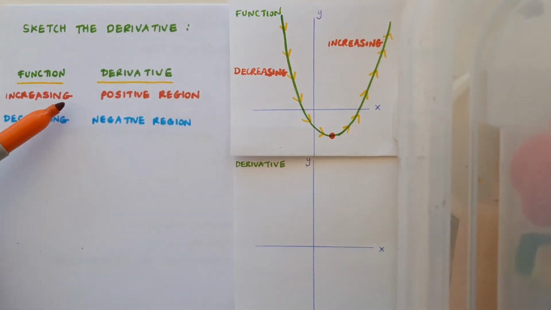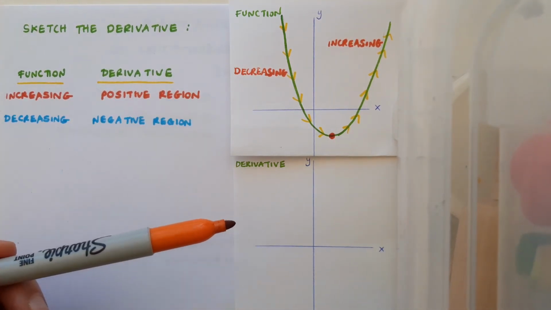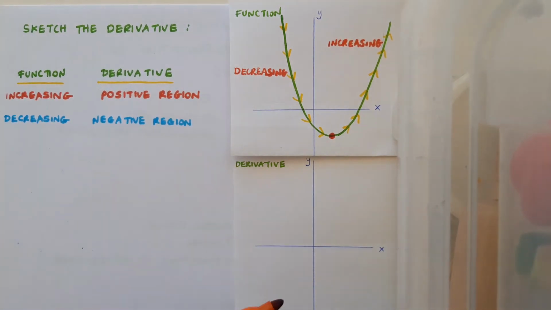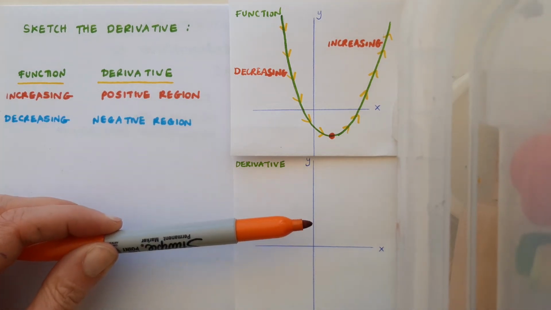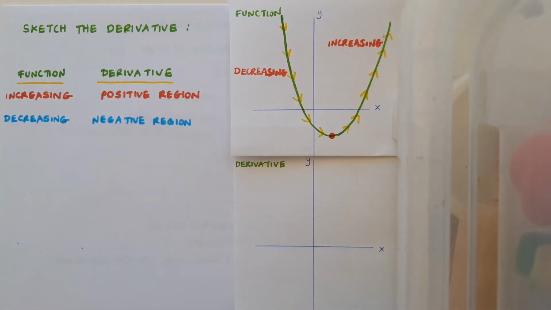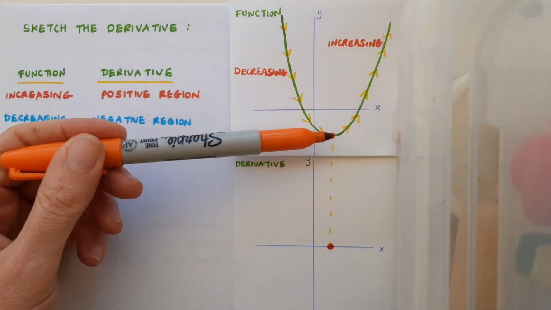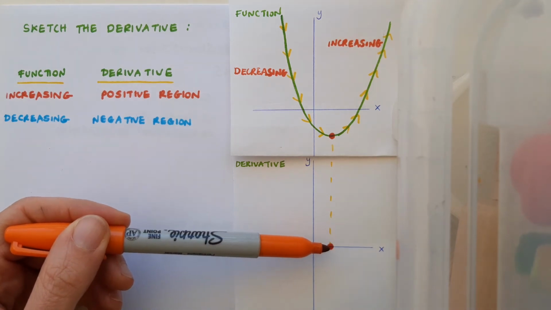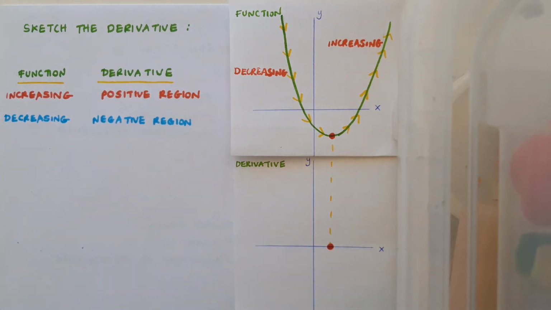Increasing would be in the positive region, so above the x-axis. And of course, what happens between the negative and the positive sections? Well, the x-axis is the dividing line. So what I want to do is line up the turning point with where my derivative crosses from one region to the other.